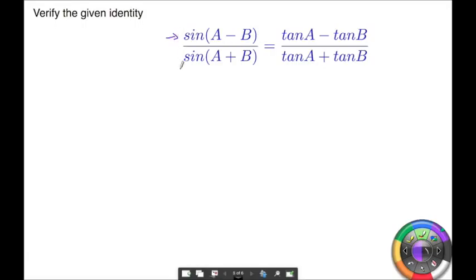So I need to know what the identity for the sine of a minus b is. So that is sine of the first angle, cosine of the second angle, minus, since it's minus on the inside, it's minus on the outside, sine of the second angle, and then cosine of the first angle. Switch the order of the angles.